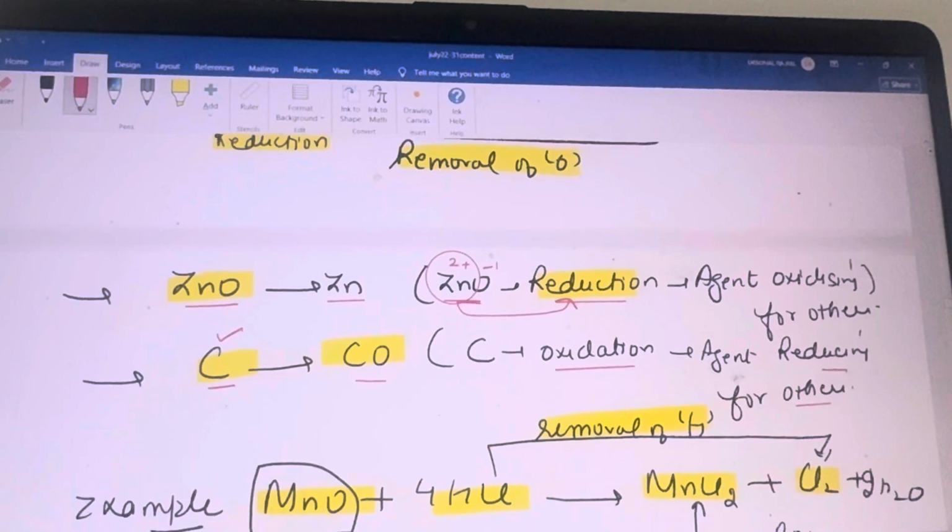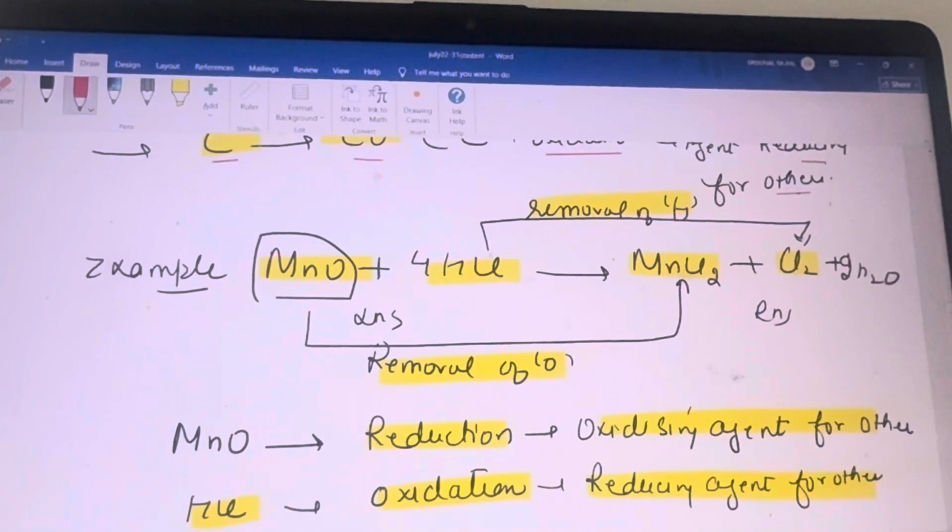So third example I am going to take about redox reaction because it is very important in board exams. In many sample papers you have seen this question many times. So if you see here MnO2, manganese oxide, reacts with HCl to form manganese chloride, chlorine gas and water.